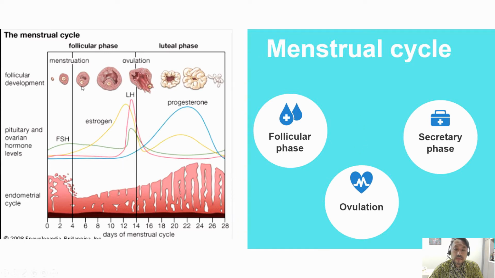What you are going to stress here is the endometrial thickness in these two phases, the follicular and luteal phase. This is because of the estrogen and progesterone effect. During the follicular phase, the endometrium is not that thickened, but in the luteal phase, it will be thickened, because this is preparing for implantation.